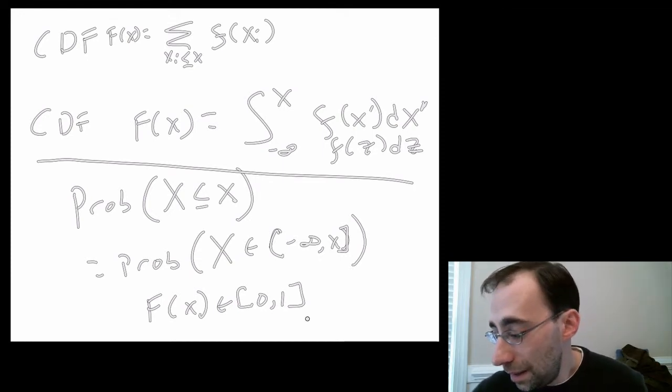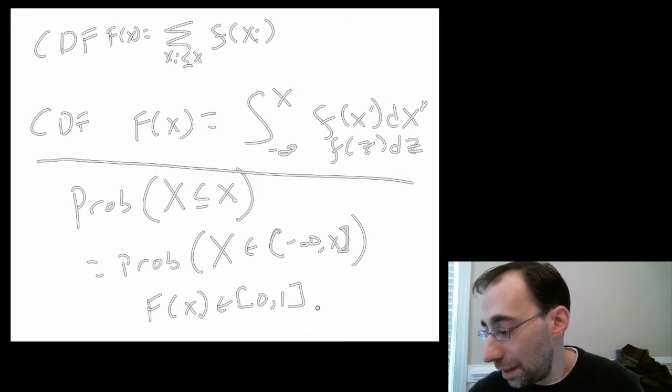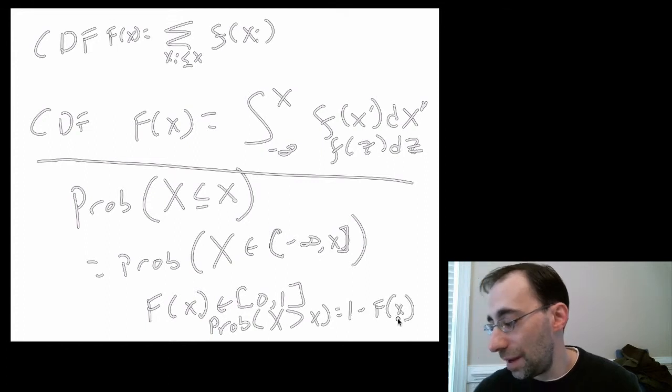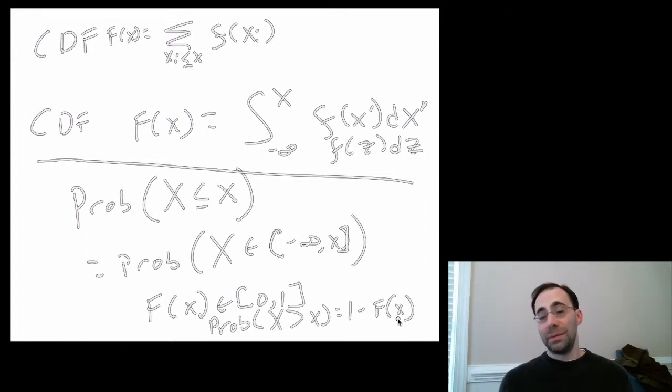So the probability of being greater than some value x is equal to 1 minus F of x, which will come up sometimes. All the stuff we did for the CDF still holds. There's nothing different at all, except you move a sum to an integral.